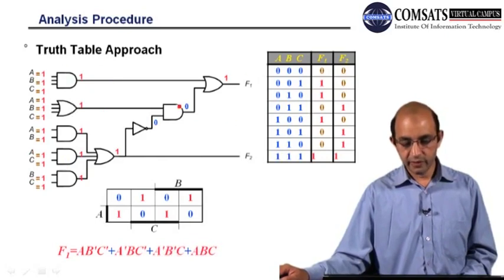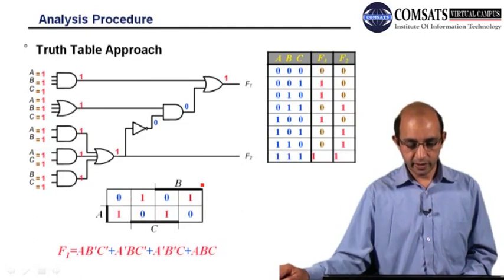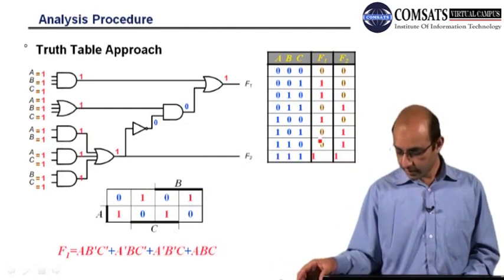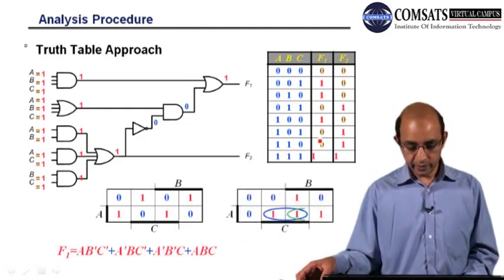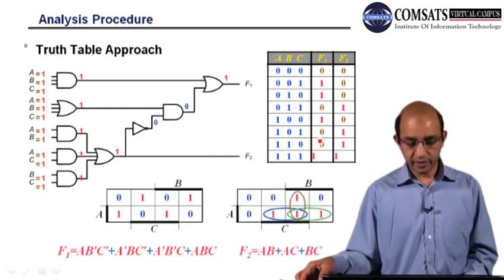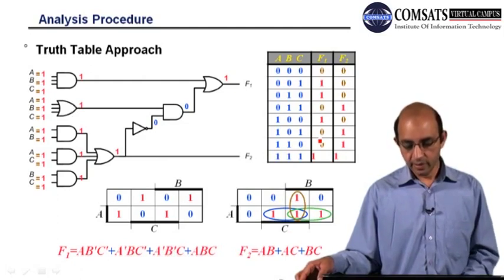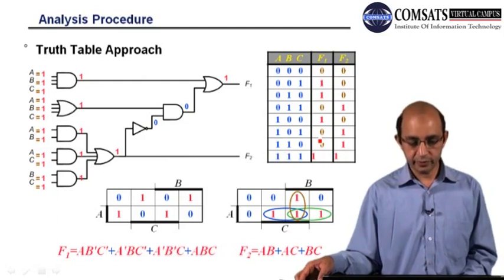You can straight away draw or map this F1 over here, and you can also have the simplification and K-map mapping for the second output, which is F2.